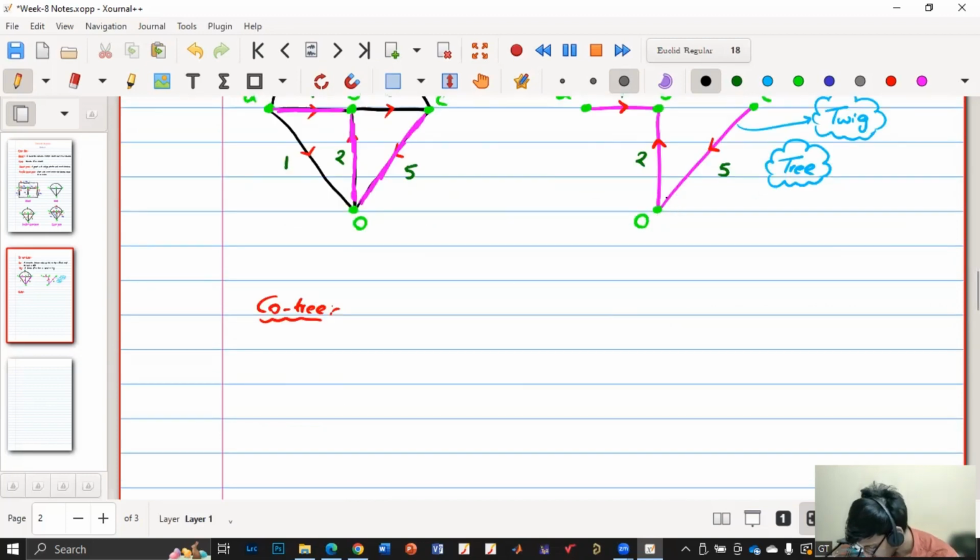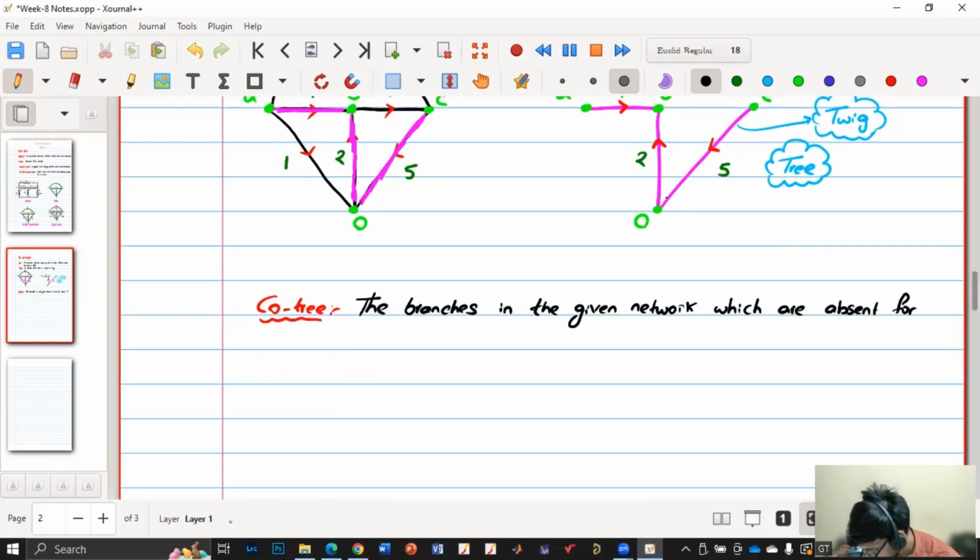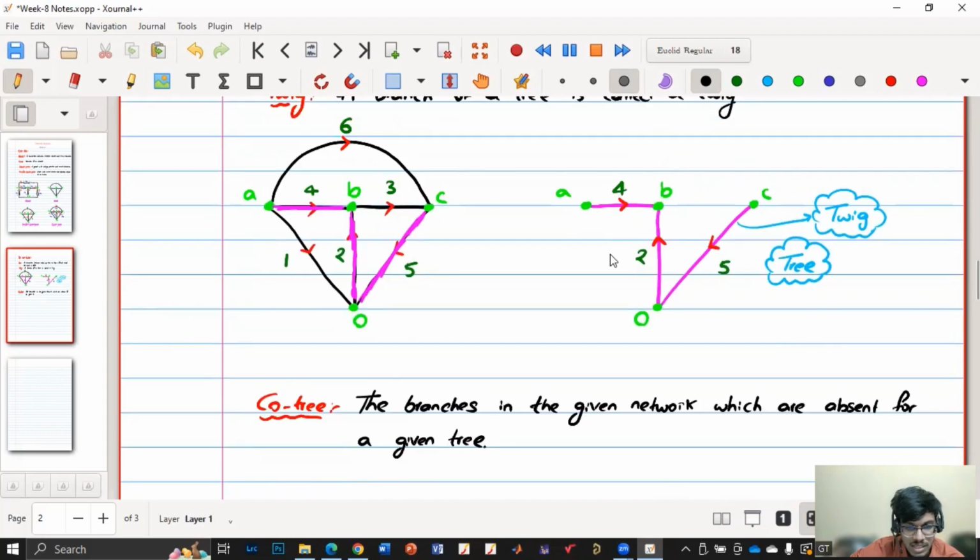So the cotree is the branches in the given network which are absent from a given tree. After drawing the tree, whatever leftover branches are there, those will combine to form a cotree.